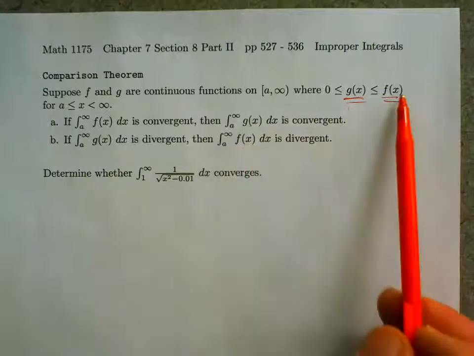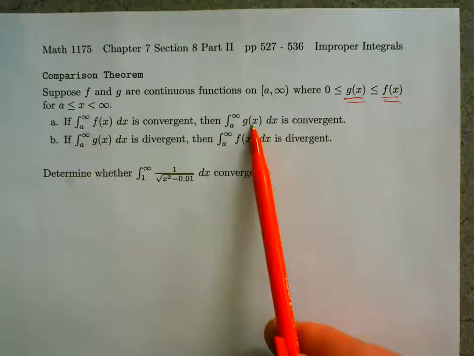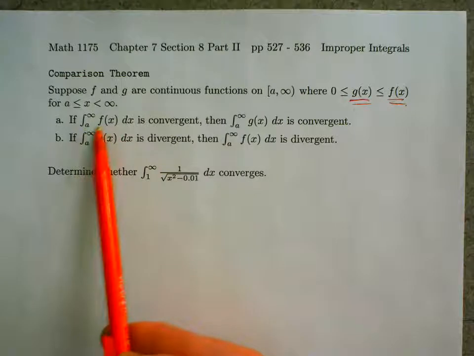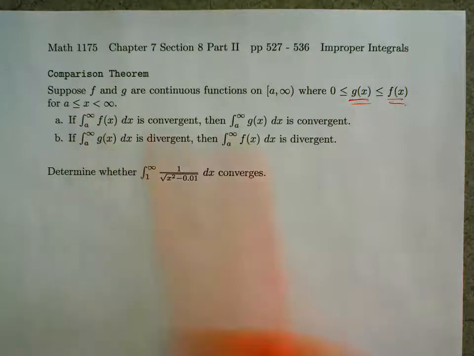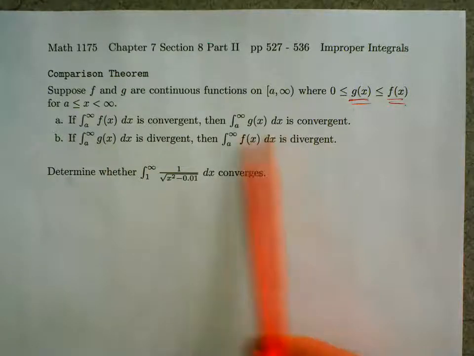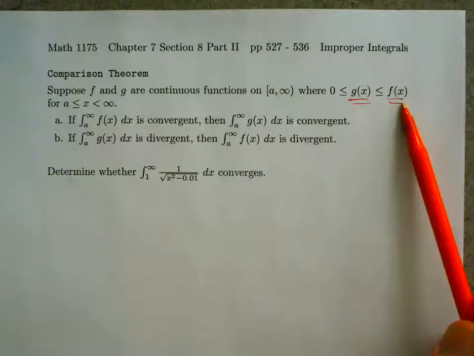But since the improper integral of f of x from a to infinity is convergent, then so will the improper integral of g of x dx from a to infinity. That will also be convergent based upon this inequality.